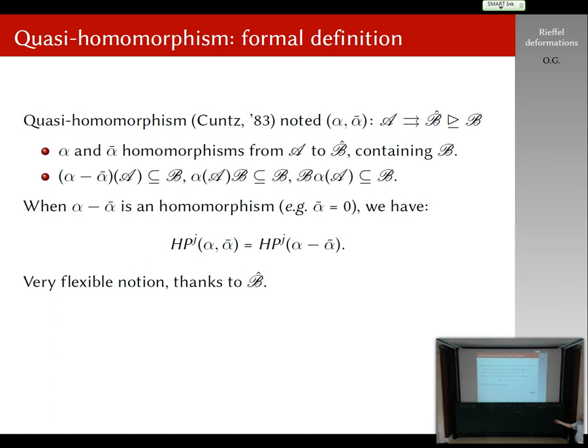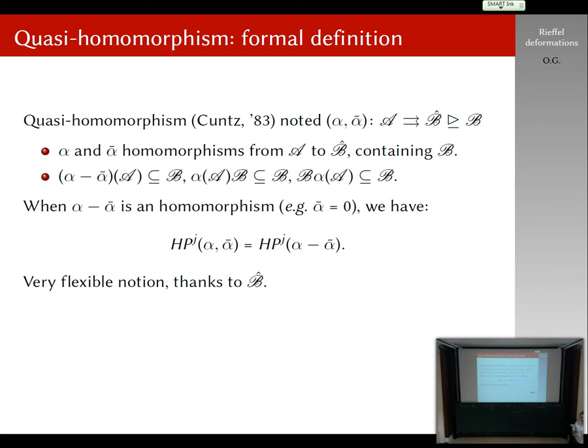Okay, so when this alpha minus alpha bar has a meaning as a homomorphism, it is actually true that HP of the quasi-homomorphism is the same thing as HP of the difference.